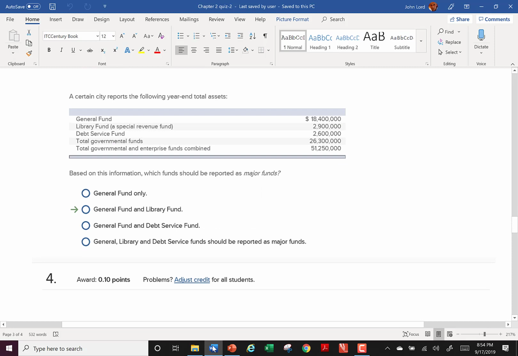Number 3, a certain city reports the following information. Based on this information, which of these is a major fund? Okay? Now, the only thing that made this question a little bit hard is you had to know to first realize that you're dealing with only governmental funds, right?